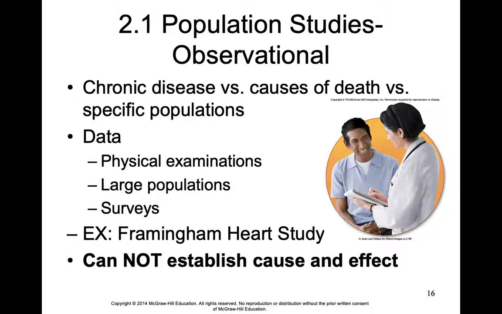So there is some discussion in the medical community about whether or not the Framingham Heart Study outcomes can be extrapolated or applied to other minority groups. And then, Framingham, Massachusetts is a very specific area of the country. So that's another thing to consider.